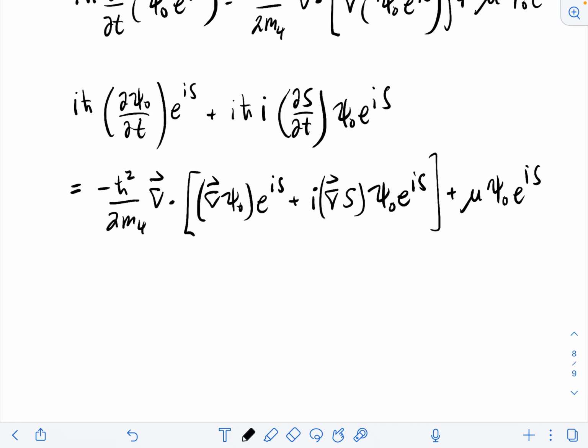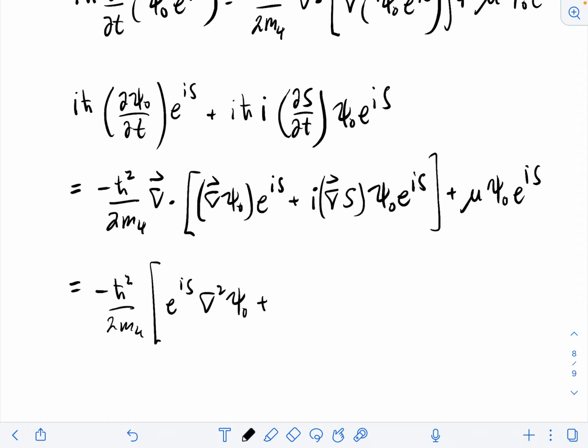Okay, good. So we'll just keep working on the right-hand side of this equation. What we have to do now is this divergence. So we have minus ħ² over 2m. Okay, so we have del dot del, and so I'll write the e^(is), and del dot del becomes del squared φ0 plus.